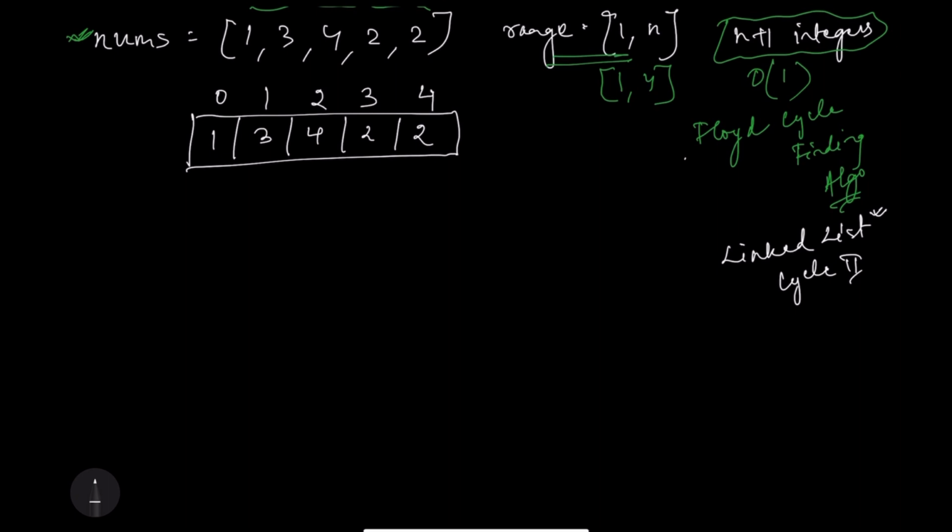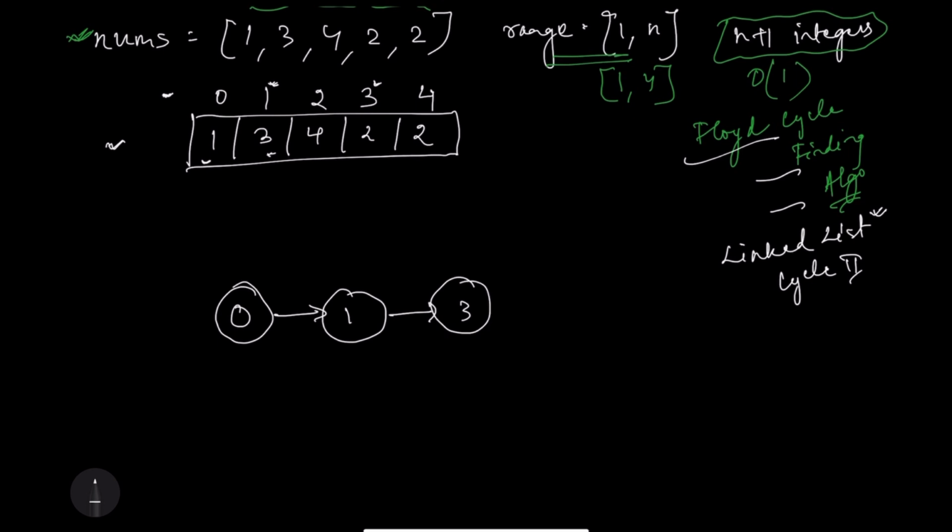To understand this more, let's see how we can relate this. If we consider the indexes in this array to be nodes of a linked list, we can understand this better. We start at our 0th index, which is pointing to our first index. Now this is pointing to our third index, and our 3 is pointing to our second index.